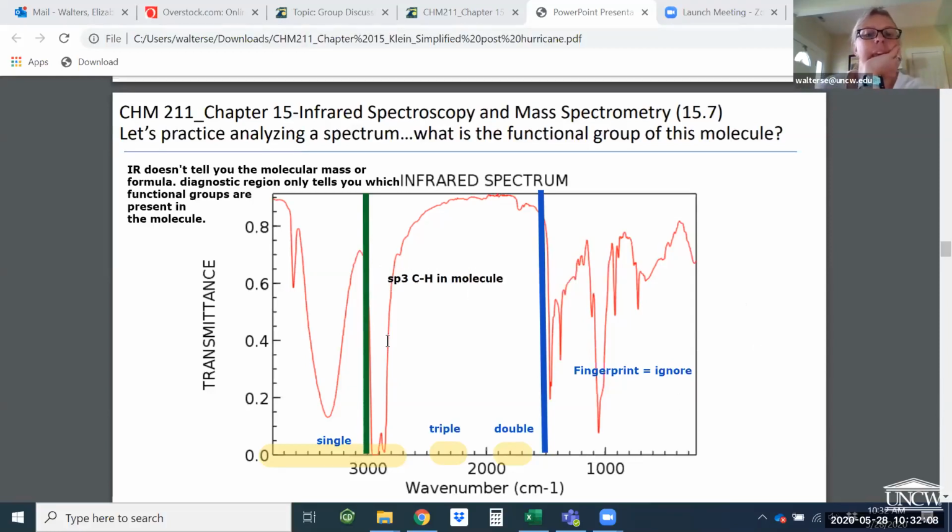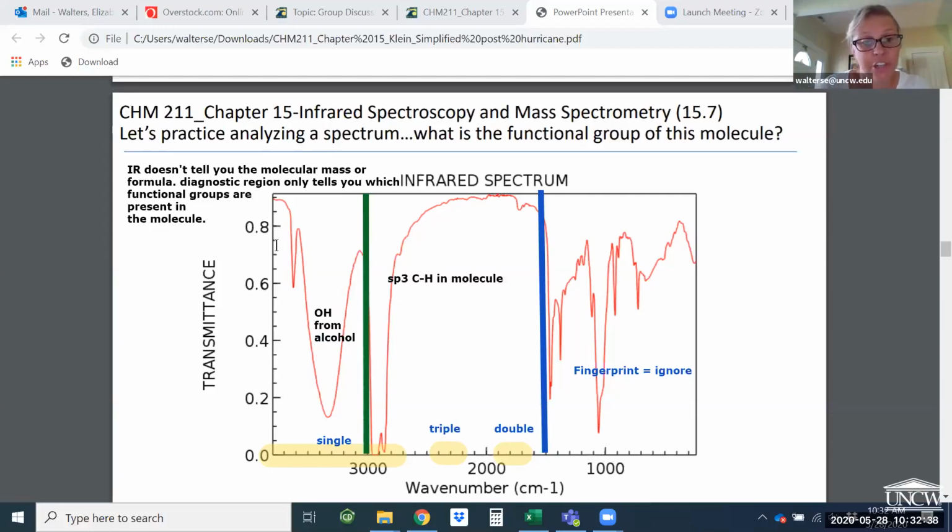Okay. Then you look to the high energy side and you see this big, smooth, broad feature that also has a little jaggedy side. Because this is smooth and broad, you would say that that's an OH from an alcohol participating in intermolecular forces with either the solvent or other alcohol molecules in your system.